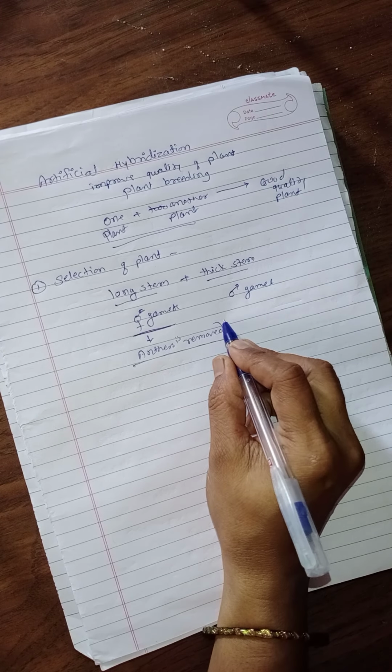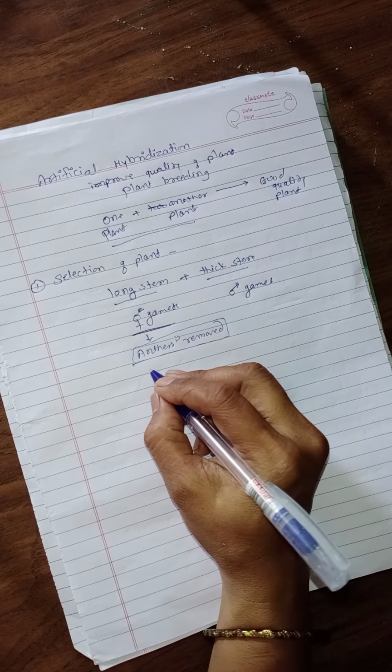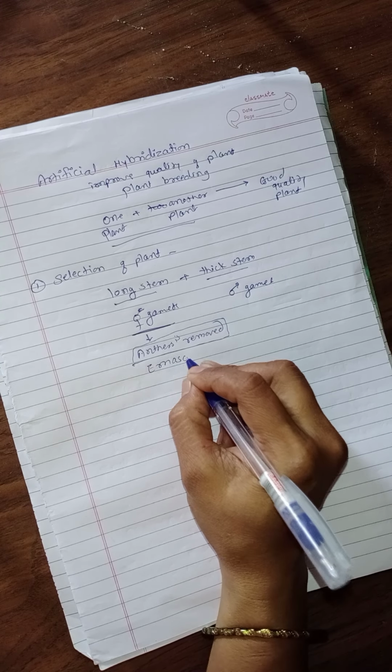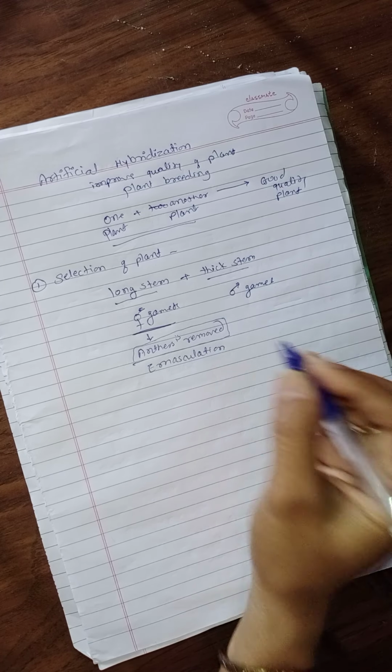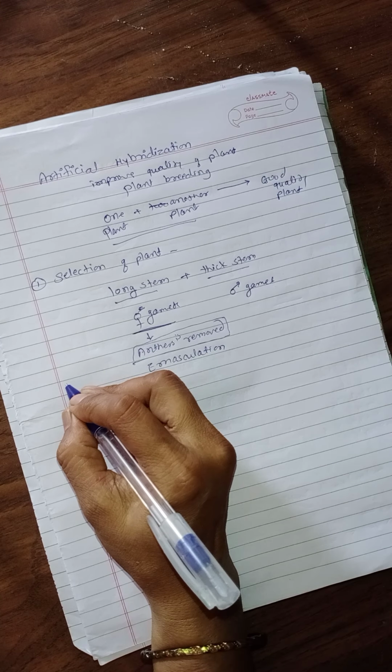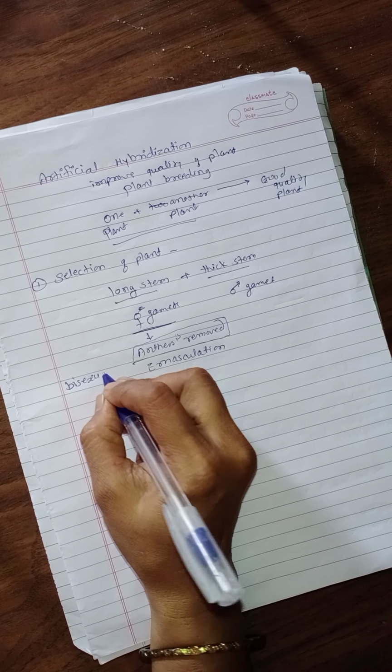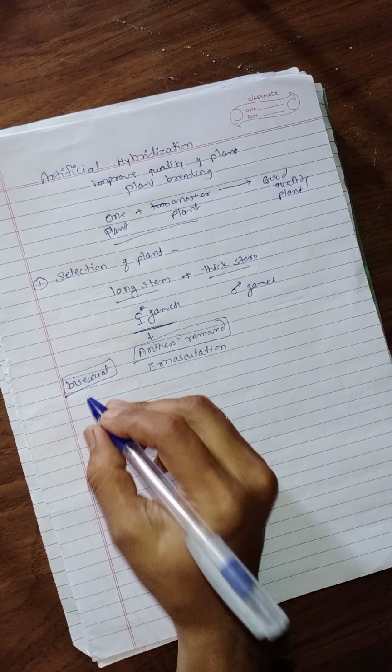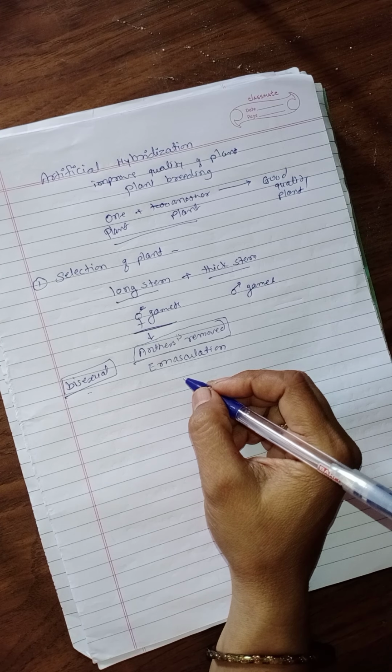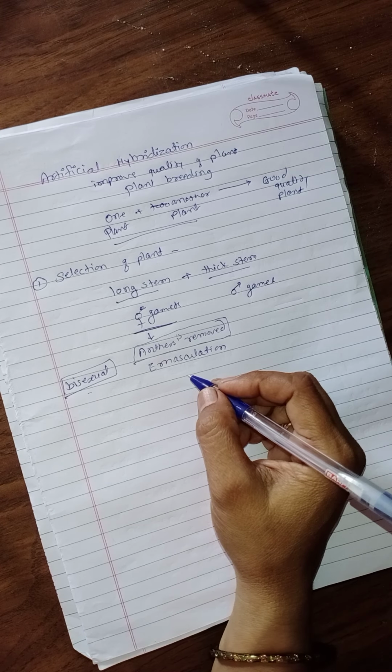This process of removal of anthers is known as emasculation. For that, the flower must be bisexual. If the flower is unisexual, then emasculation is not necessary.